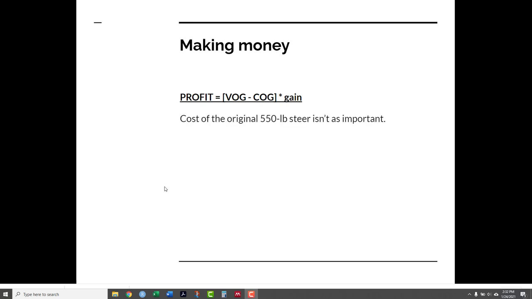Okay, and I made this point that the cost of the original 550-pound steer that we were using in our example really just isn't too important in the grand scheme once you start thinking about profit this way. I wanted to explain more of why that is.